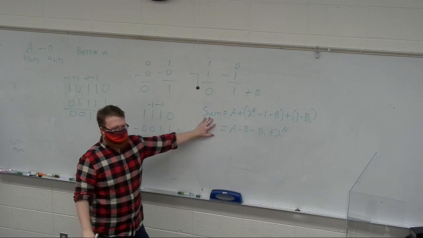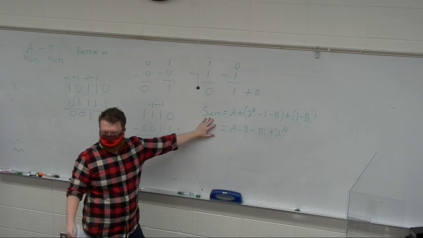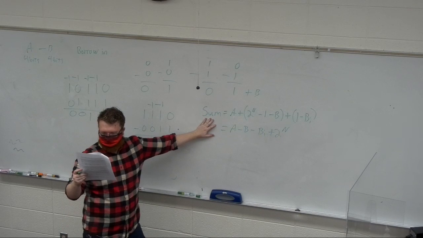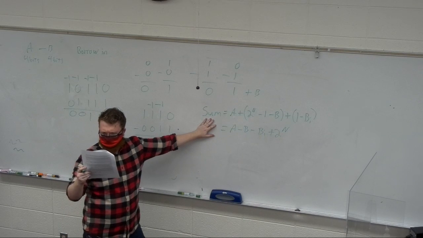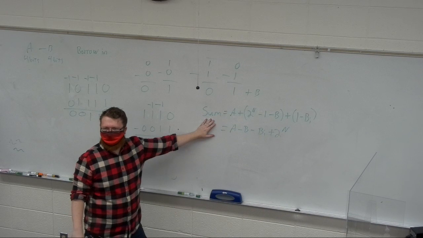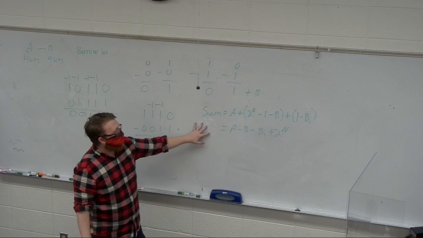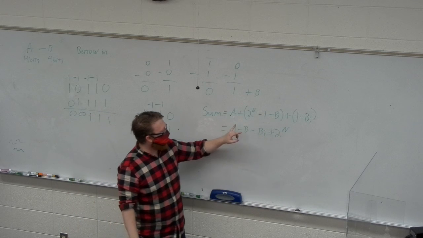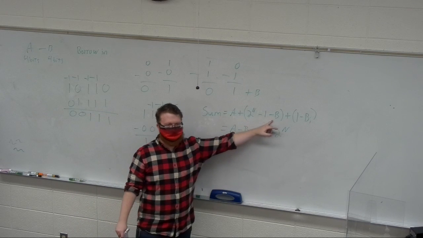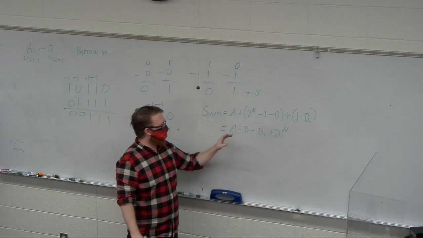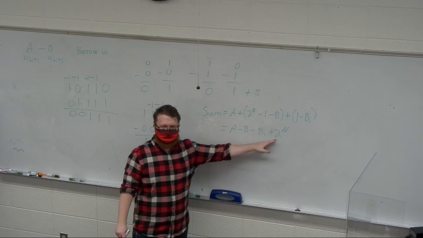So this mess of an equation, I think there might actually be a question that I have you do on the homework to understand this. But this is a way that converts subtraction of b into just more or less addition with the 2 to the n.